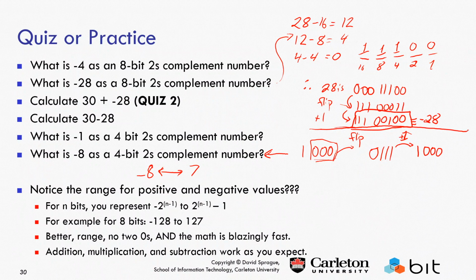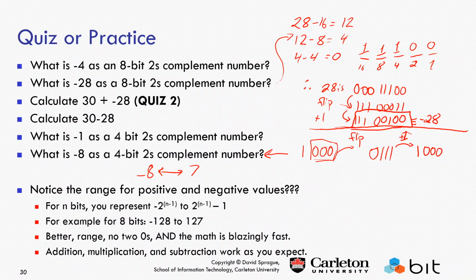And now that I have that, if I calculate what 30 is, and I add negative 28 to 30, what do I get? Okay, notice that our range here is we actually have one less number. It goes from negative 2 to the power of n minus 1 to 2 to the power of n minus 1, minus 1.